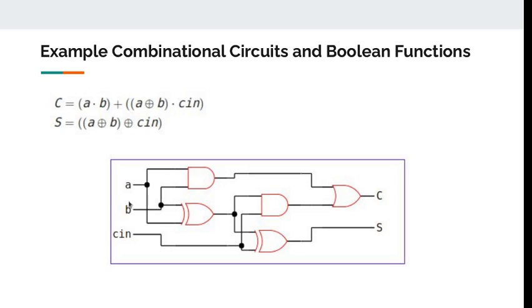This operation is already done, so I'm just going to use the same output for this equation here. So I can provide the same output at the same time to both operations. It's faster, it saves resources, so it saves gates. It's a good idea to reuse when you have the same circuit. So you could close this in a box, and you have 3 inputs, 2 outputs, and it's your full adder.